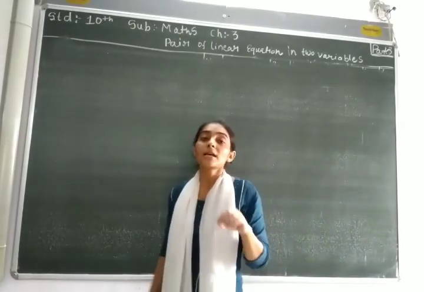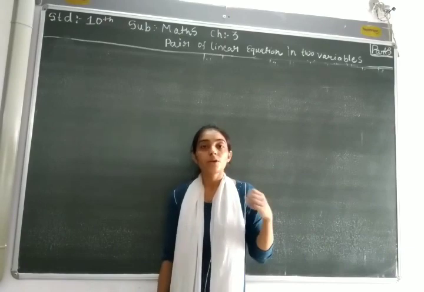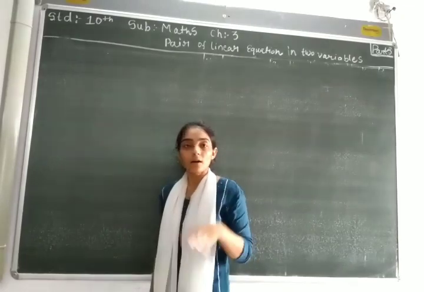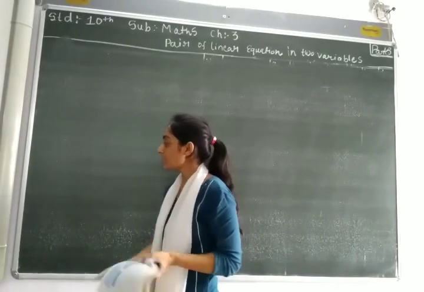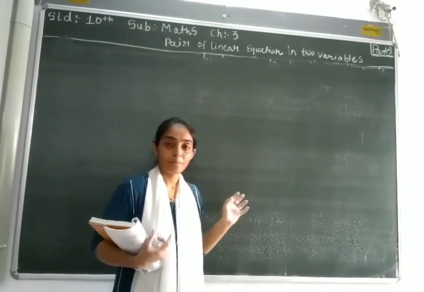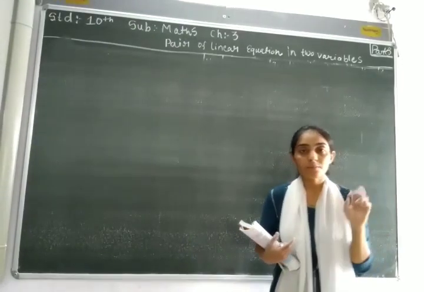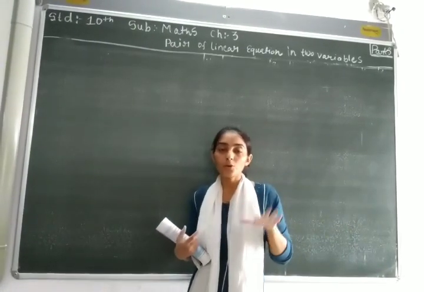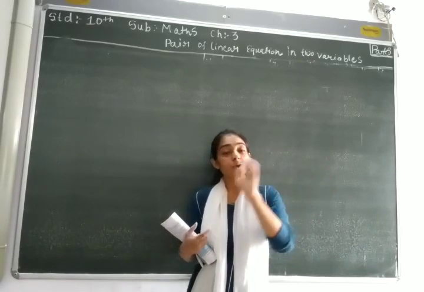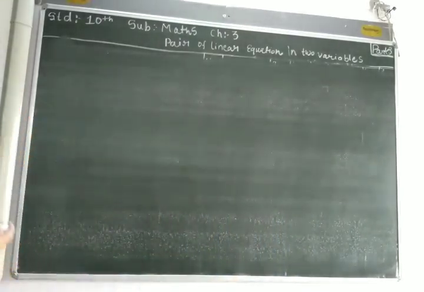If the question says check whether these two equations are coincident or not, then you just compare the ratio and identify. If it's intersecting, it means the ratios are not equal. If it's a parallel line, A1 upon A2 and B1 upon B2 are equal, but C1 upon C2 is not equal. Now if it's coincident, it means all these three ratios are equal. Okay. Now the question says we have to check graphically.